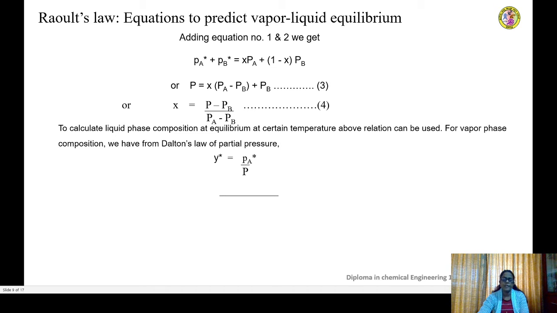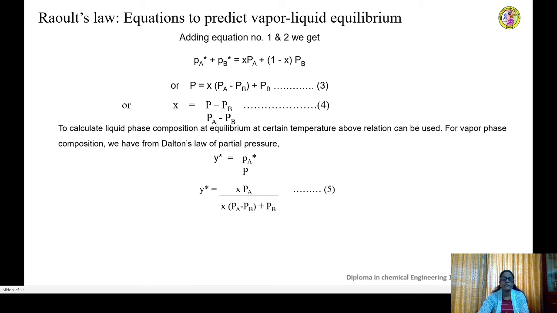So mole fraction of A in the vapor phase, that is y star, equals PA star divided by capital P. So you know that capital P is given by x into (PA minus PB) plus PB. This is the equation that is written in equation number 3.